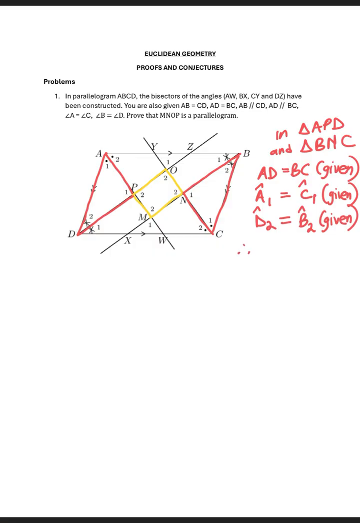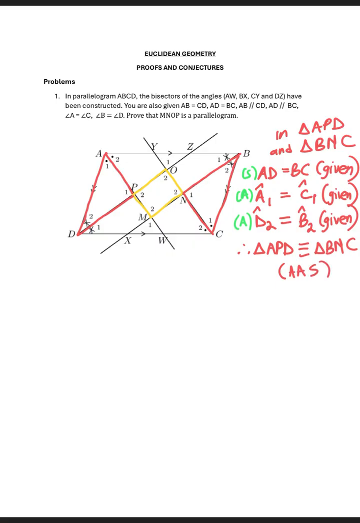Therefore, triangle APD is congruent to triangle BNC. And then the reason will be what? We have a side, we have an angle, we have an angle. So the reason will be angle, angle, side.